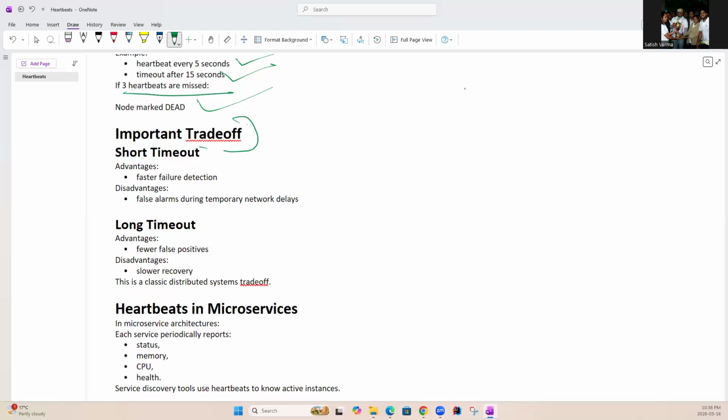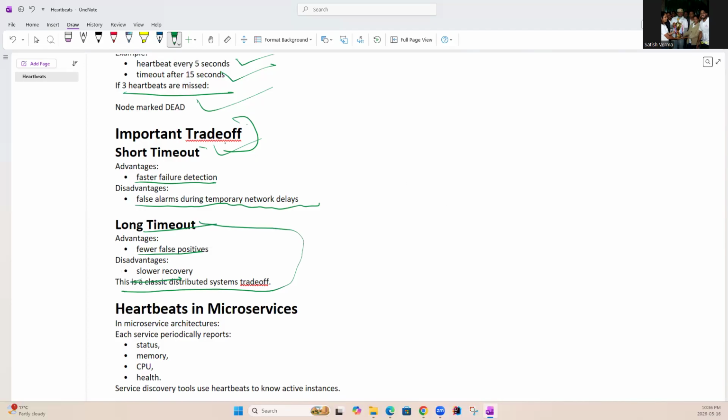What will heartbeat do? With a short timeout, you get faster failure detection, but the disadvantage is false alarms during temporary network delays. With a long timeout, fewer false positives, but slower recovery. This is a classic distributed system trade-off.